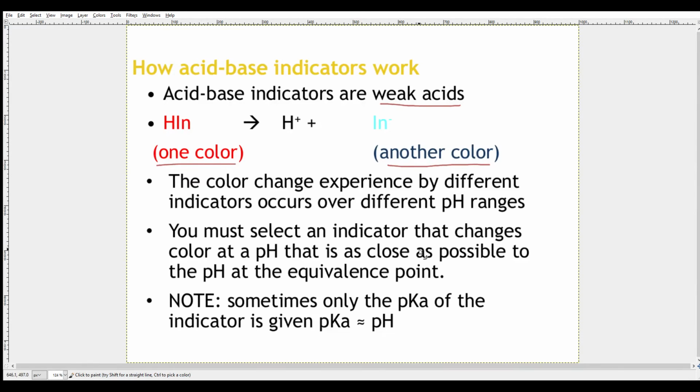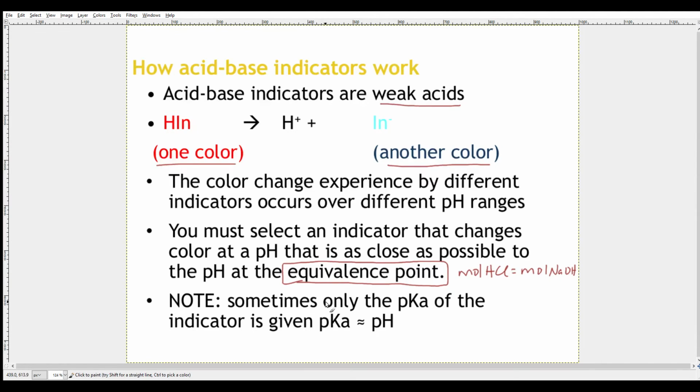You must select an indicator that changes color at a pH that is as close as possible to the pH at the equivalence point, because the equivalence point is the most useful part of those graphs. That's when we can say, oh, I know exactly how many moles of everything I have, and I can use that with stoichiometry to figure out my concentration.